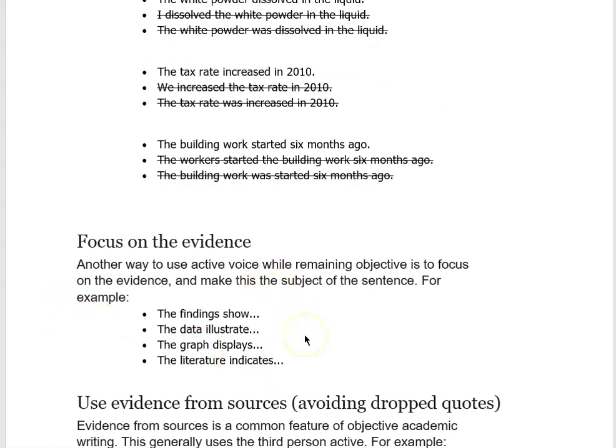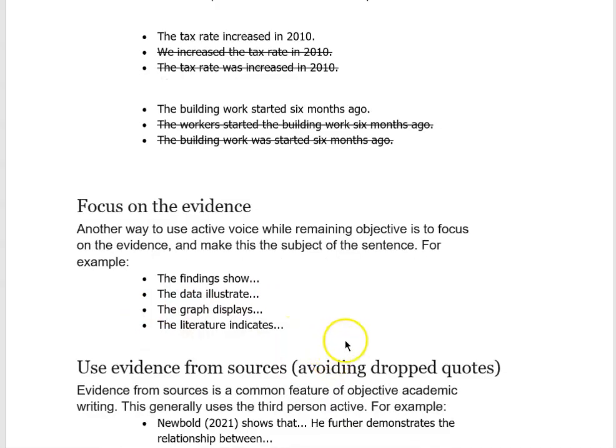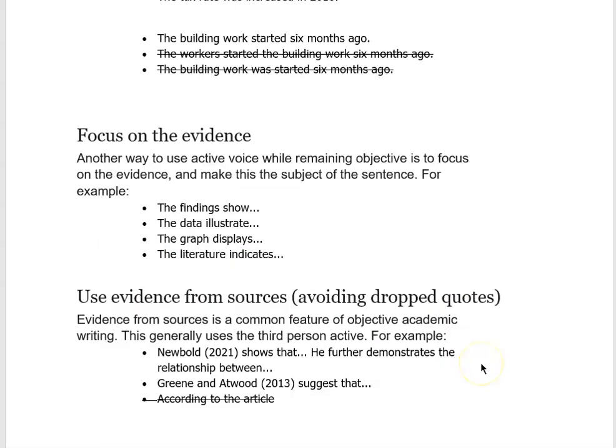Focus on the evidence. If you gave me evidence, make sure that you introduced it in this format. Use evidence from sources. Avoid drop quotes, which means you have to introduce it. Use the author's name, the date, and what they show. Remember, articles do not talk, so you can't say, this article said, this article stated, this article discuss.